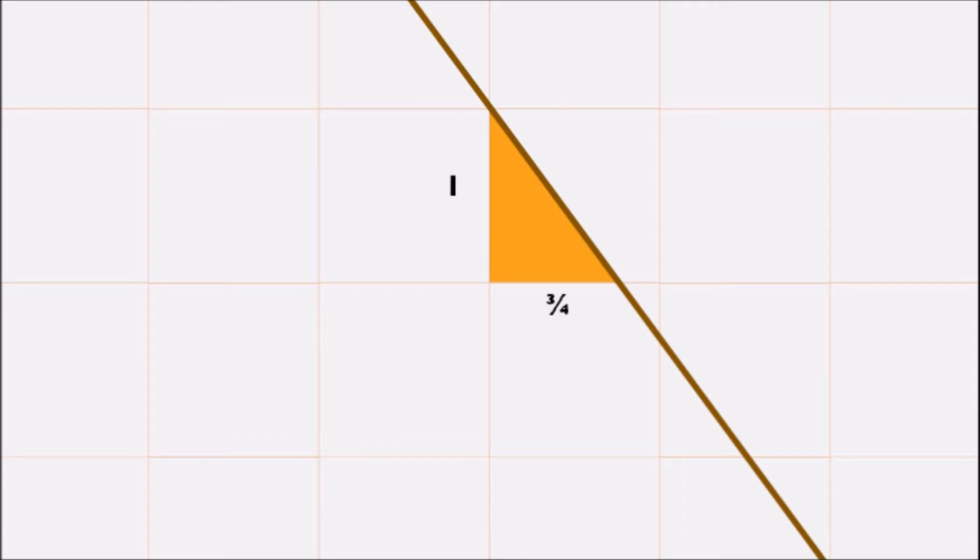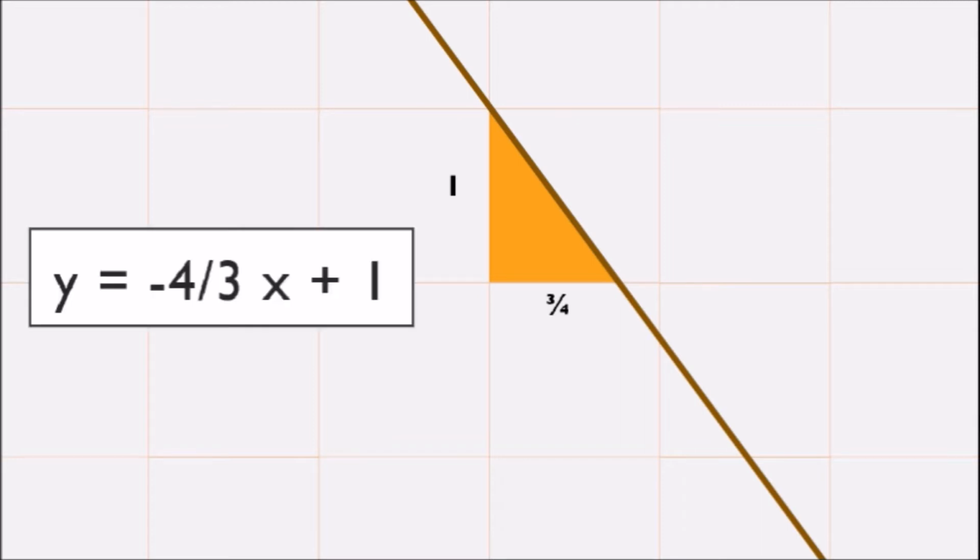Now, if we let the origin of this grid be the right angle, the bottom left-hand corner of this triangle, then we can find the equation of the line. The way to go about this is trivial and left to the viewer. So I've done it for you. This is y equals minus 4/3 x plus 1.